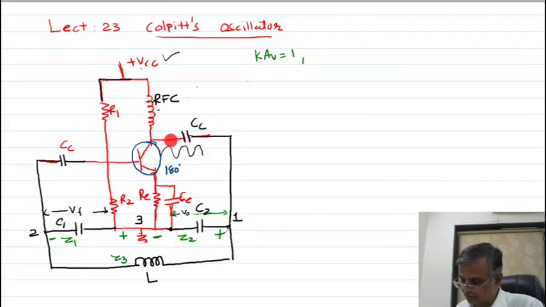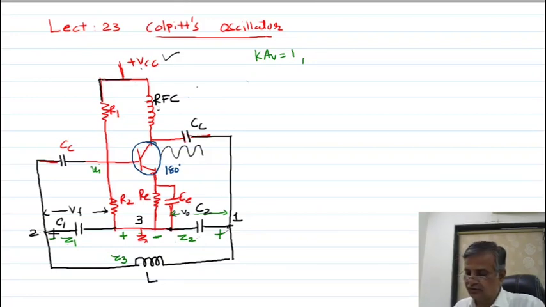This is VO actually. So there is a total phase shift between the input signal and the feedback of 360 degrees, or you can say 0. So the condition for sustained oscillation takes place.